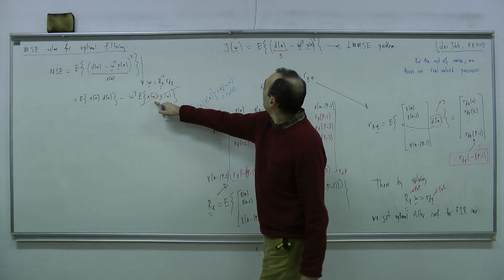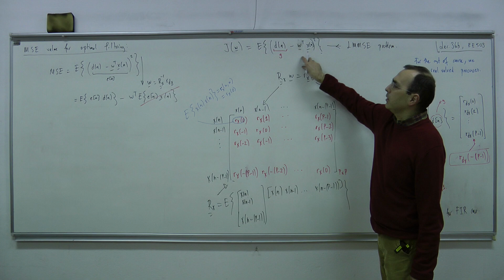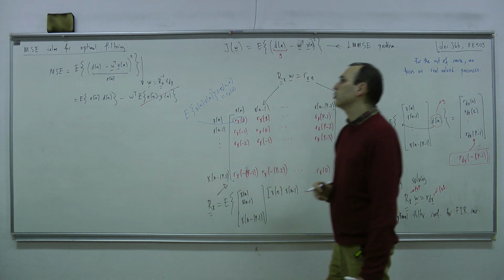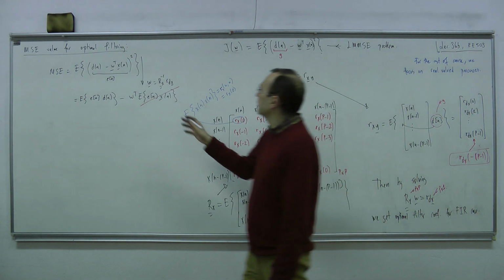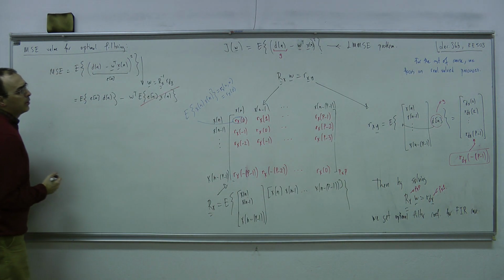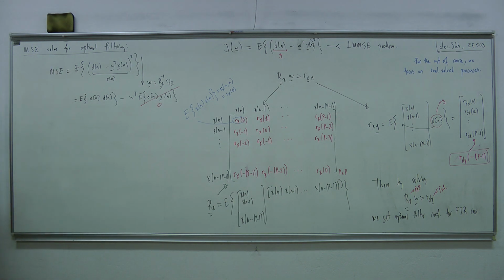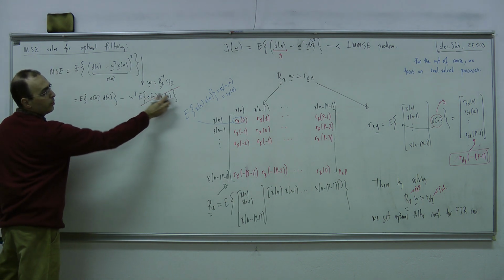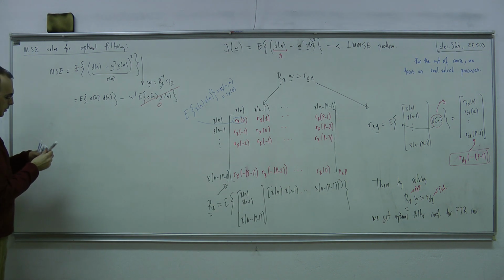This is the estimation error, y minus y hat, as we have said, for the nth sample. I'm trying to estimate the nth sample, but as I have said, estimation of the (n+1)th sample is also the same, so this is like a generic n. By the orthogonality principle of linear MMSE estimators, the error is orthogonal to the observations for the optimal estimator. So I end up with this.